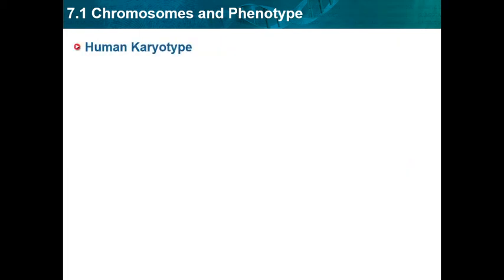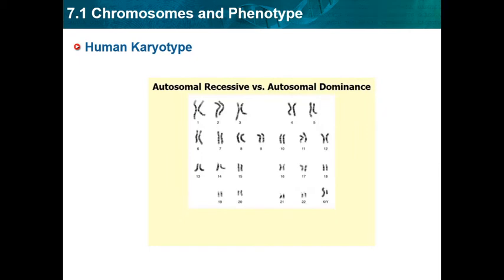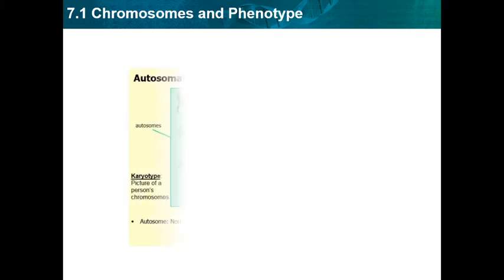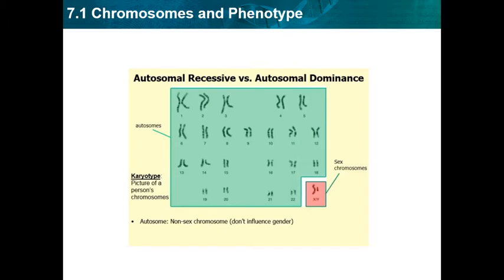And you know that humans have 23 pairs of chromosomes, and a picture of a person's chromosomes, you call it a karyotype. This is one example of a karyotype. If you look at this picture, chromosomes 1 to 22 you call autosomes.